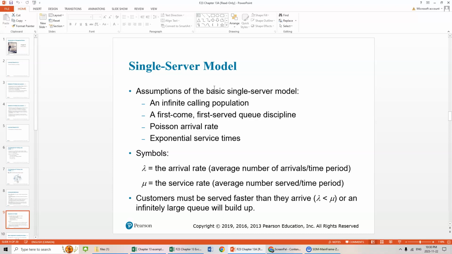We have to make sure that the time periods we're talking about for both arrival and service rates are the same. Customers must be served faster than they arrive. Lambda, the arrival rate, has to be less than mu, the service rate. If that is not the case, then an infinitely large queue will build up. The line will just keep on getting bigger and bigger.